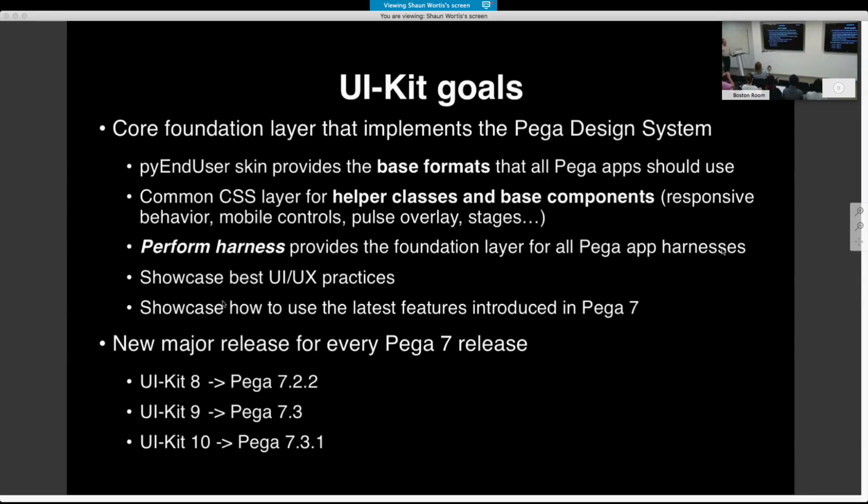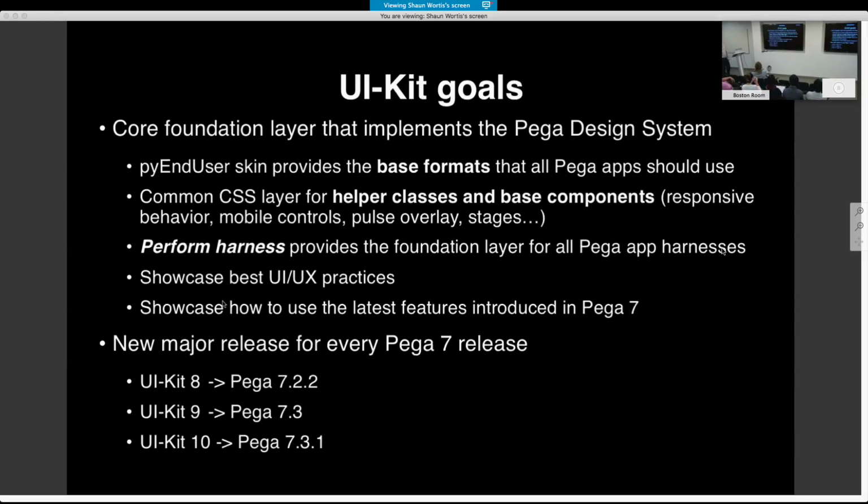When I talk to some of the applications, they see UI Kit as a burden, an additional effort to integrate with UI Kit. But the value proposition is that you use this foundation layer once, and then you get the benefit moving along. If you get on the train, the train is going to bring you to the next level. One good example that we're going to cover at the end is UI Kit 10.